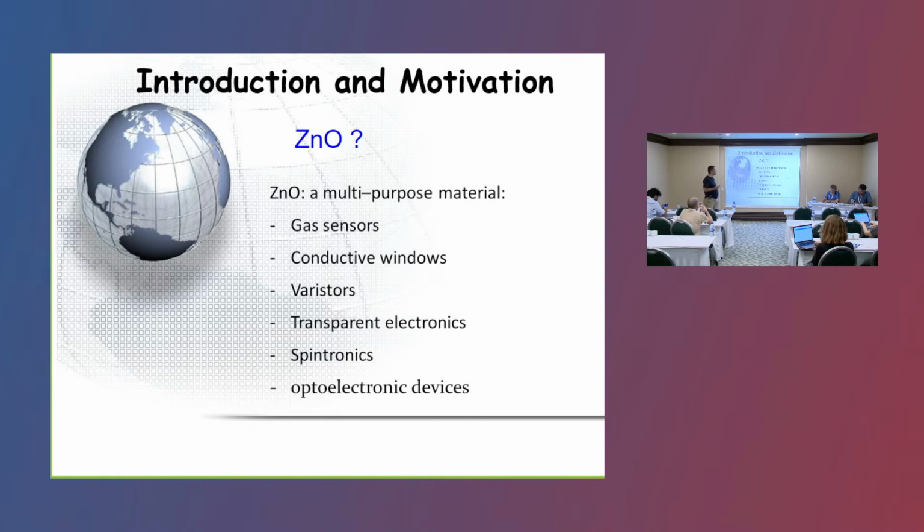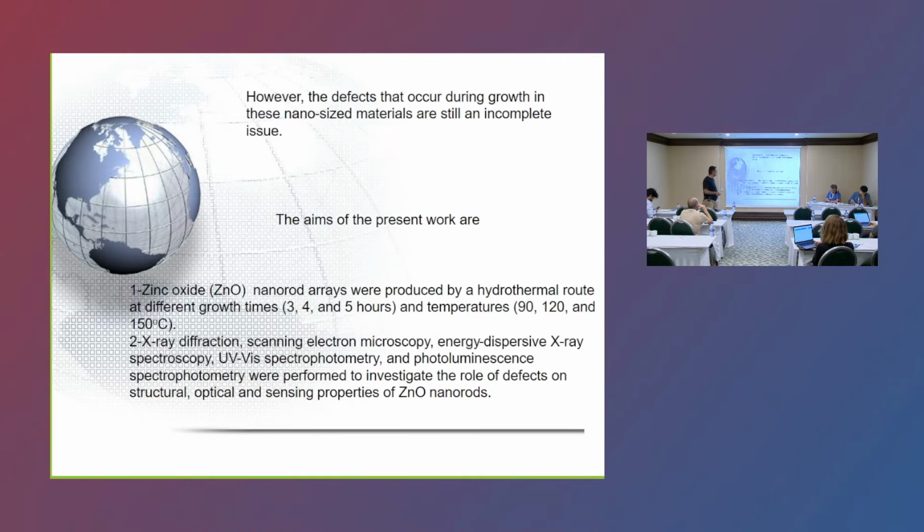It is used in gas sensors, conducting windows, varistors, transparent electronics, spintronics, and optoelectronic devices. However, the defects that occur during growth in these nano-sized materials are still an incomplete issue. That's why it is not used effectively.